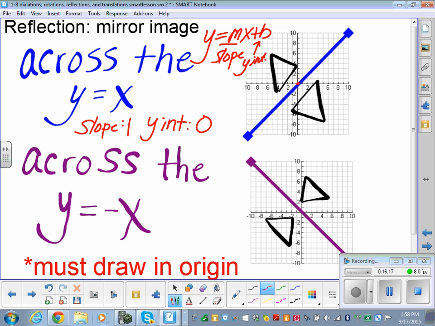So if we take this and reflect it over the y is equal to x axis, it's taking it and stamping it across that line, and that's our mirror image. Now look how cool this is. You don't have to use your patty paper for this, so it's kind of nice. This is exactly equidistant across the y is equal to x axis. So this point is stamped to here.